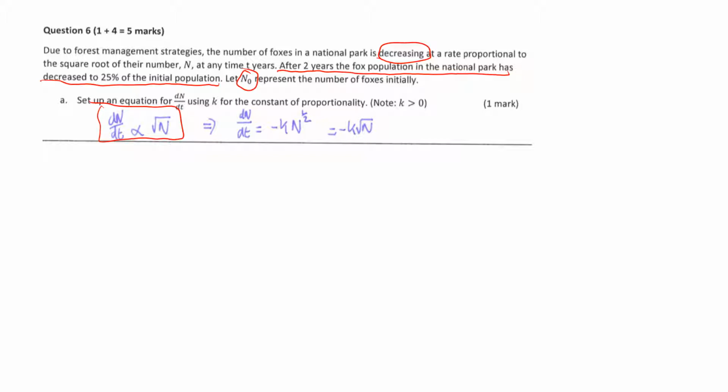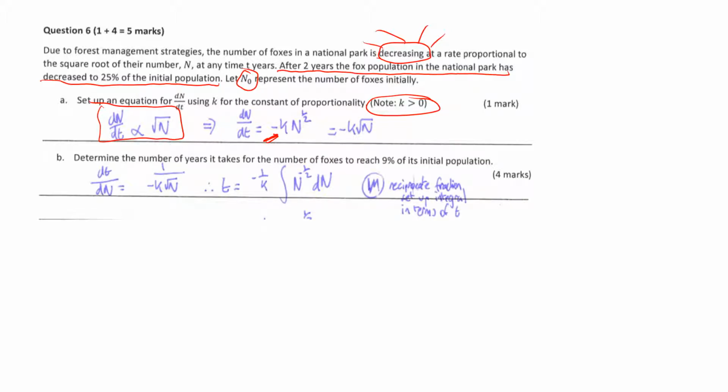Anyway, moving on. So just putting that in terms of a mathematical equation, we bring in k for our constant of proportionality, and it must be negative. Okay, it must be negative because we're talking about a decreasing rate of change. Okay, all right, moving on. All right, determine the number of years it takes for the fox to reach 9% of its initial population.